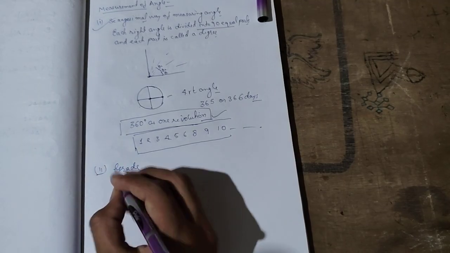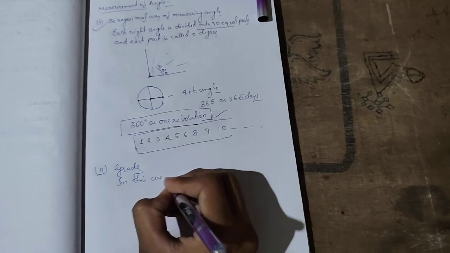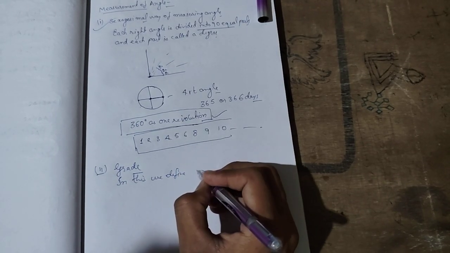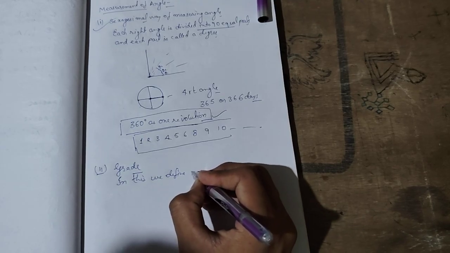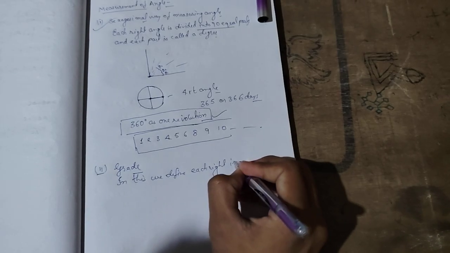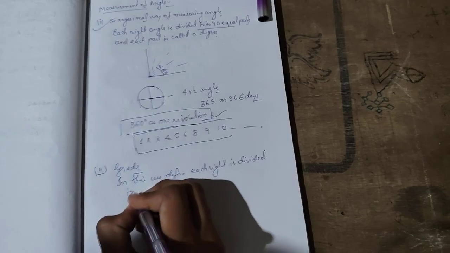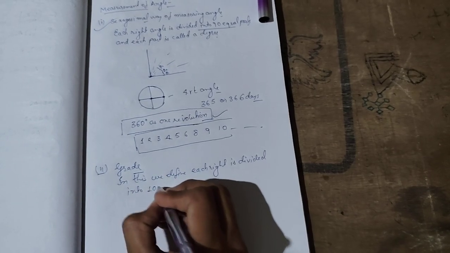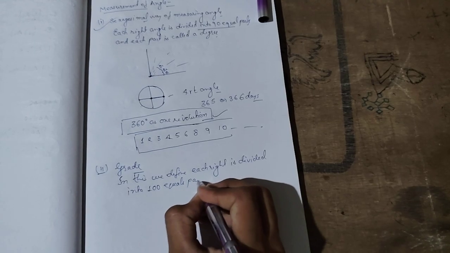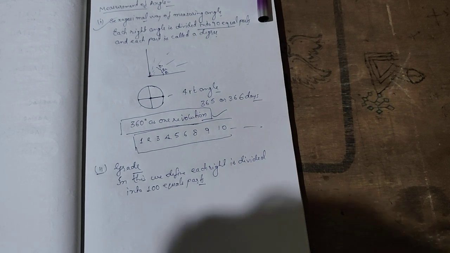In this, each right angle is divided into 100 equal parts. So here we define each right angle in 100 equal parts.